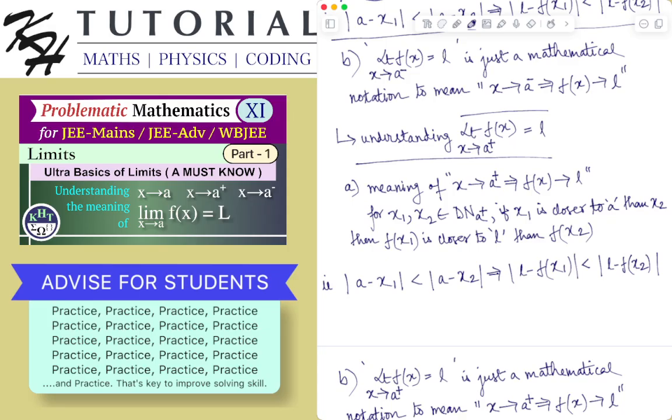or if x1 and x2 are two values in the set, that is in the right deleted neighborhood of a, and if x1 is closer to a than x2, whose mathematical interpretation is that x1 is closer to a than x2, then that will mean that the value of f(x1) will be closer to l than the value of f(x2).